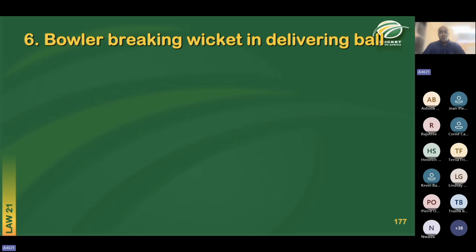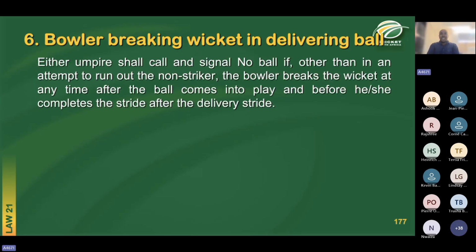Let's look at more ways that a ball can be a no ball. If a bowler breaks the wicket or the stumps at the bowler's end in his or her delivery stride, either umpire shall call and signal no ball.